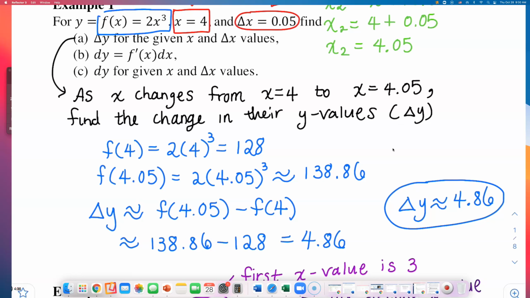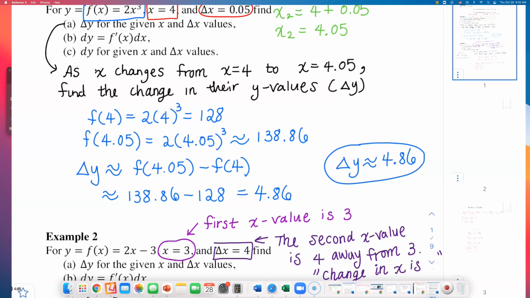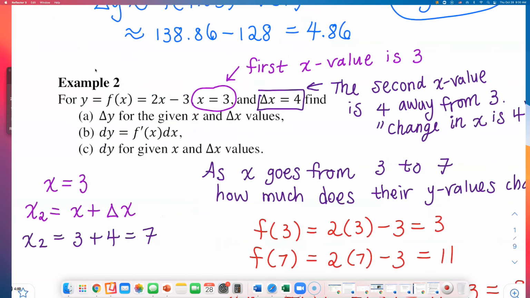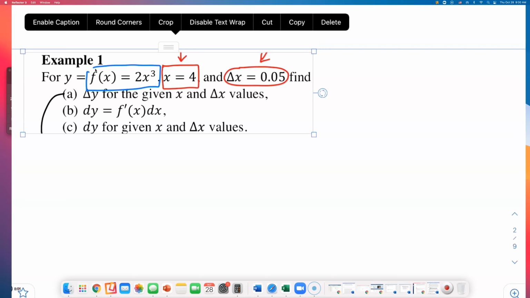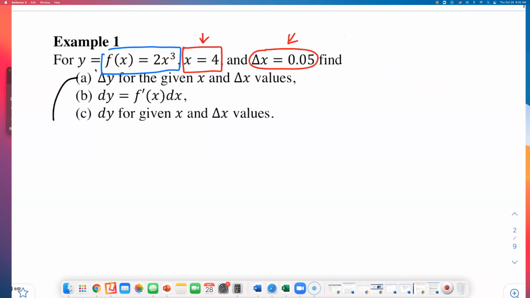Now we're going to find dy, the change in y, or differential of y, using a formula method for part B and C. So I'm going to add another page here so that I can do part B and C. I should copy these, and go down here. And this is where I will do part B and C. So part B, they want us to find dy, which is f prime of x times dx.